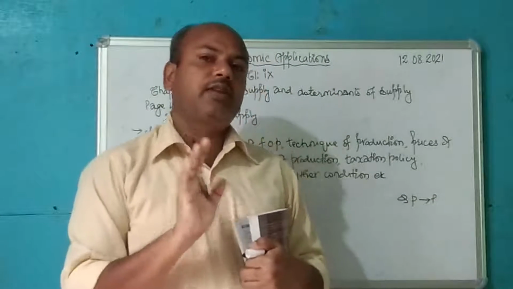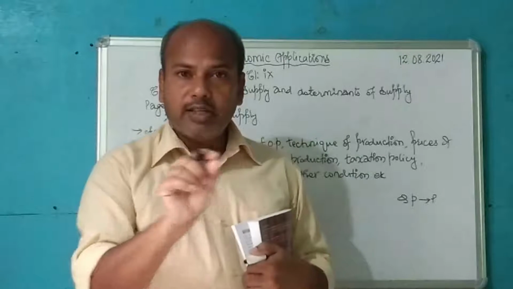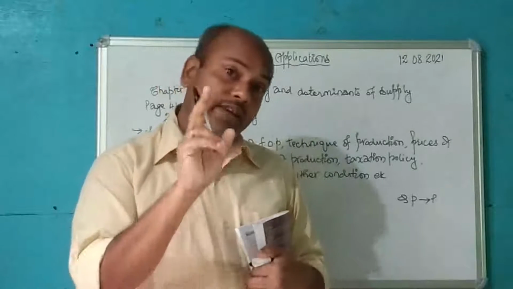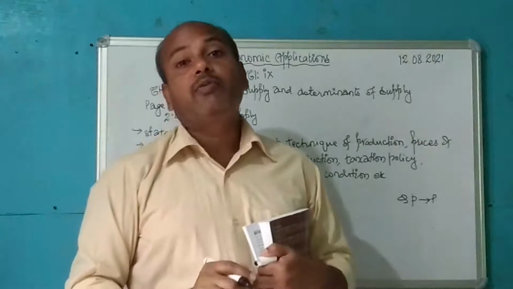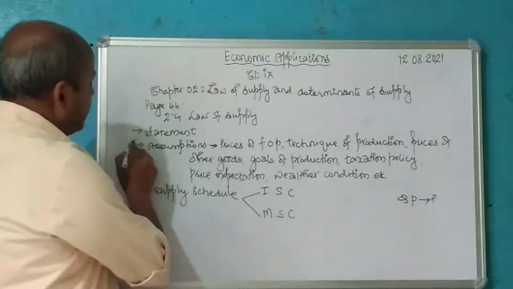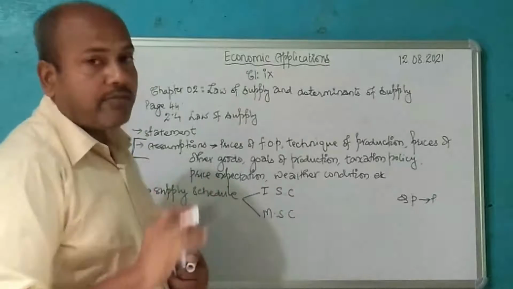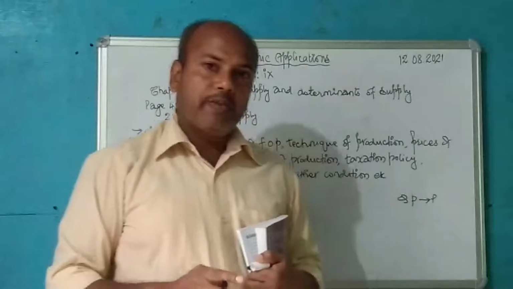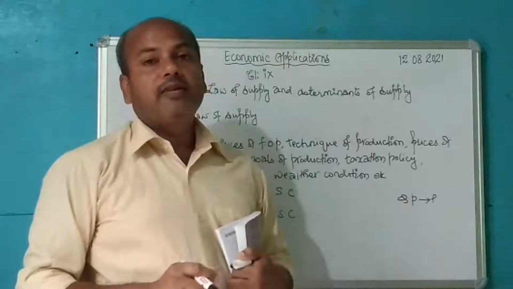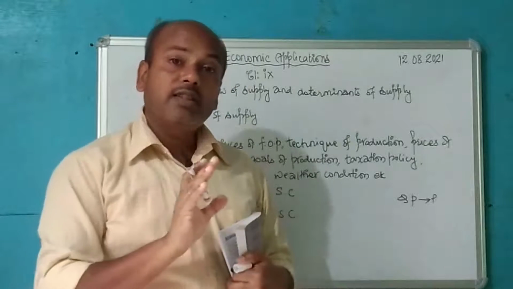Okay, so what is the statement of the law? The law of supply states that other things remaining equal. In detail, I have spoken about what we mean by other things remaining equal. This is what assumptions means: when the law of supply is in operation, except for the price of the commodity under consideration, nothing should change.